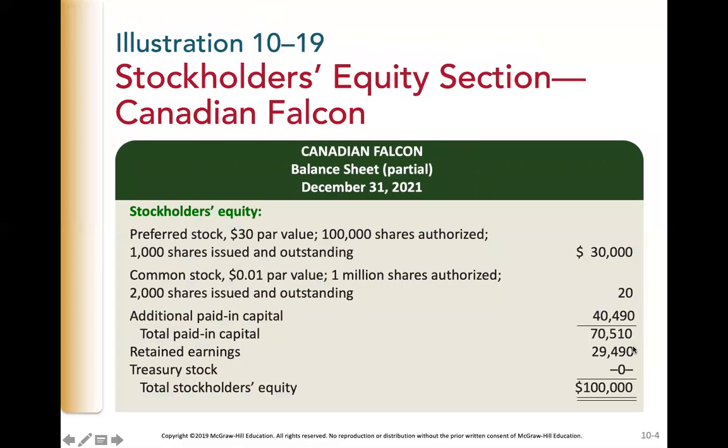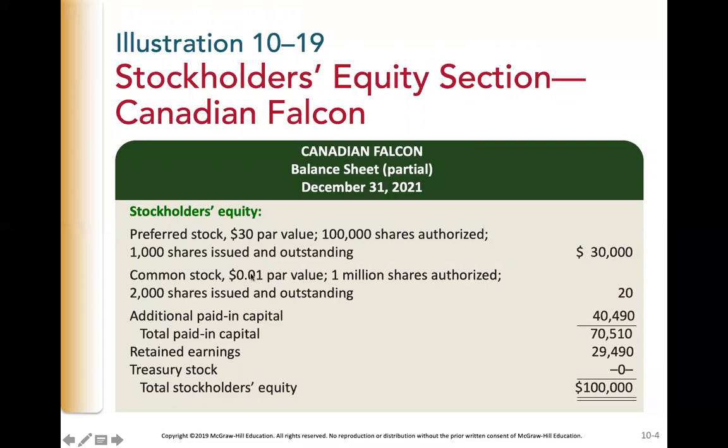So this is Canadian Falcon. You see they had preferred stock. We discussed at $30 par value, 100,000 shares authorized, 1,000 shares issued and outstanding. Remember, go back and review the difference in authorized, issued, and outstanding. The 1,000 shares times the $30 gives you the $30,000 balance. Common stock, penny par value, 1 million shares authorized, 2,000 issued and outstanding.